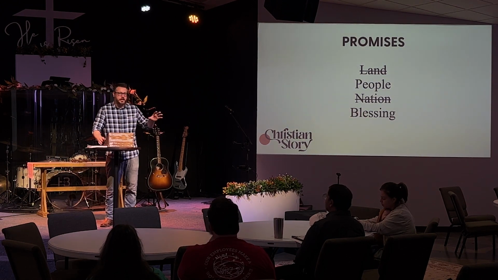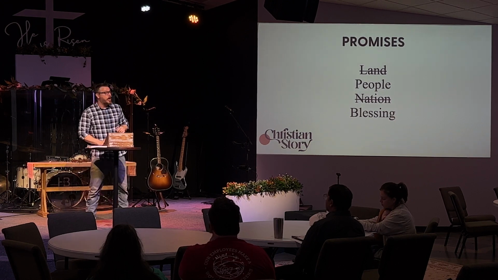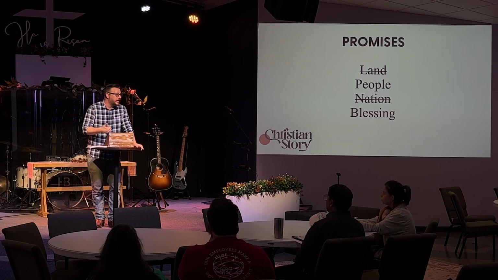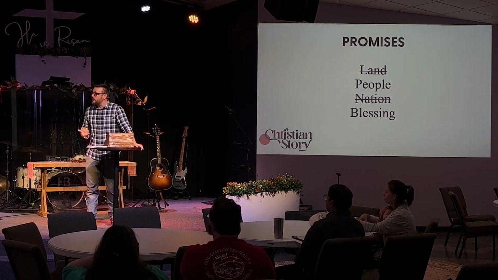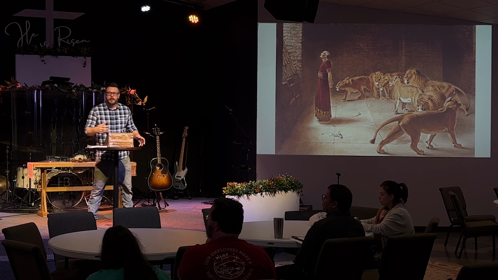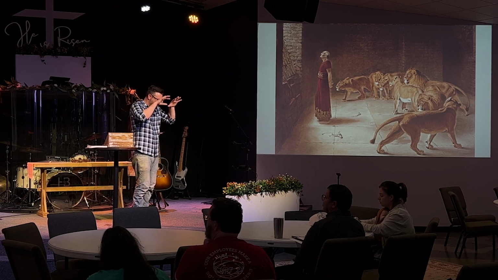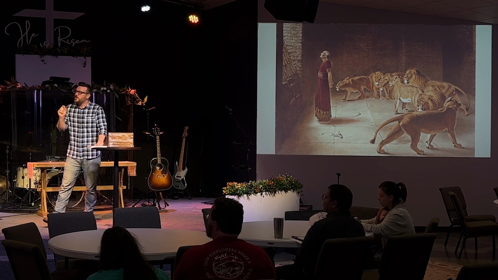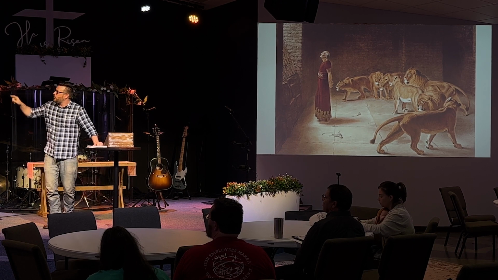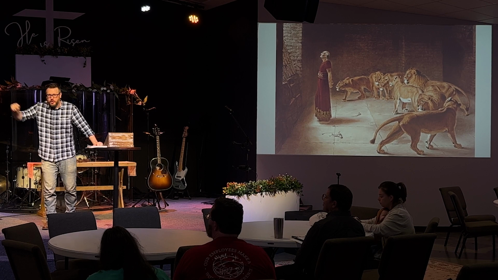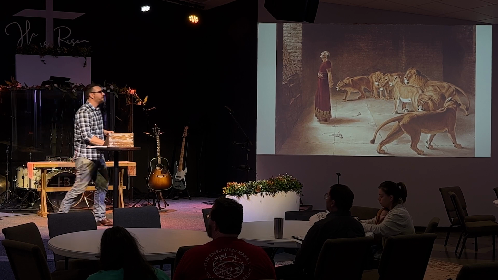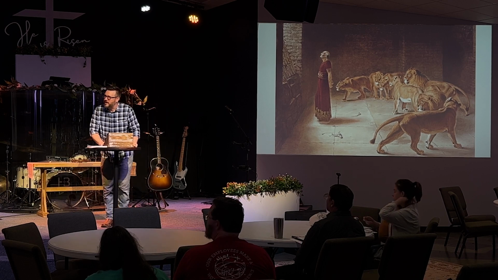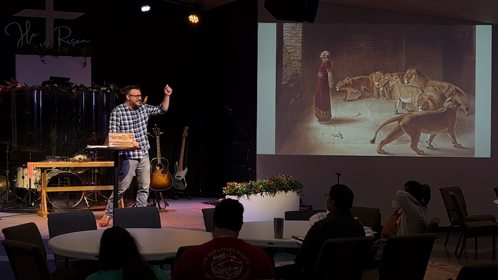But to tie into some other stories we talk about a lot in children's classes, this is where you get Shadrach, Meshach, and Abednego. This is where you get Daniel in the lion's den, where the nation is crumbled. They're taken out of the land. If ever there was a time for Daniel to doubt God, if ever there was a time for Shadrach, Meshach, and Abednego to say, I guess God isn't being faithful, it was then.